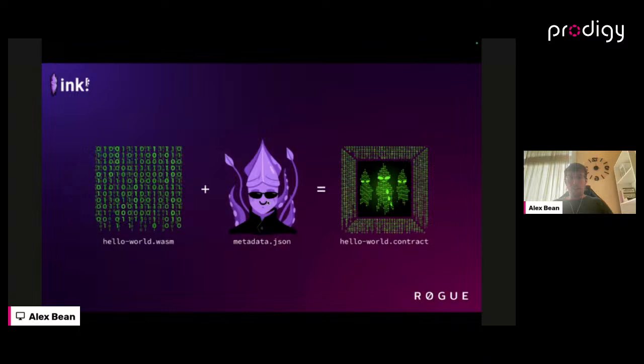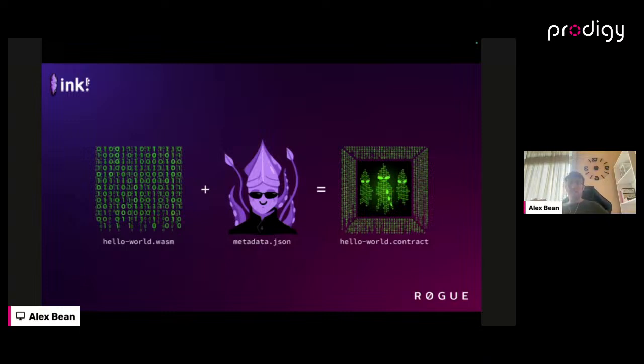What this is going to create is three different files. It's going to create a WASM file, which is the compilation of the smart contract, which is the code that we are going to deploy. If you think of a video game, that's going to be the game that you have to put into the console to be able to play.